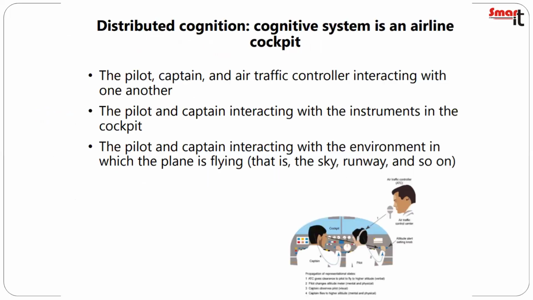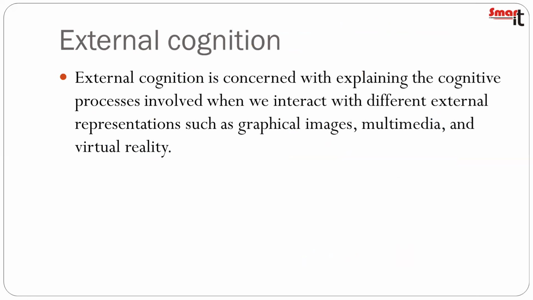One example we can take is the cognitive system in an airline. There are pilots, the captain, the air traffic controller, and thinking about the interactions with the environment. There is the sky, right? Then you have to think about the environment and the distributed manner with the artifacts. Those things we call distributed cognition.